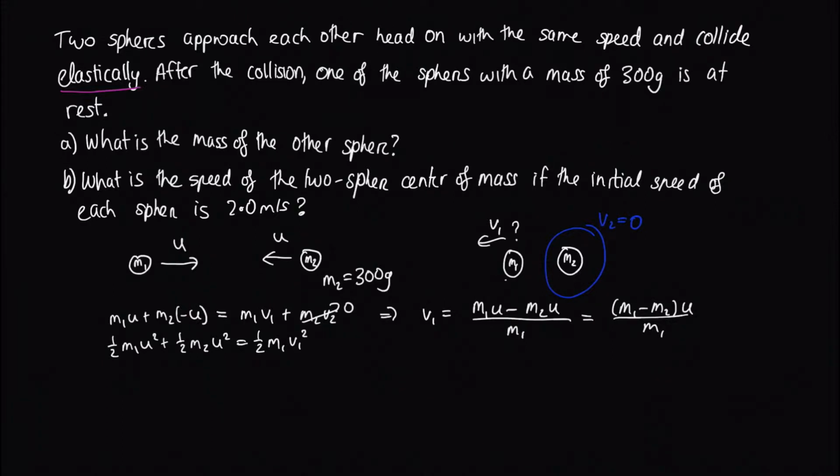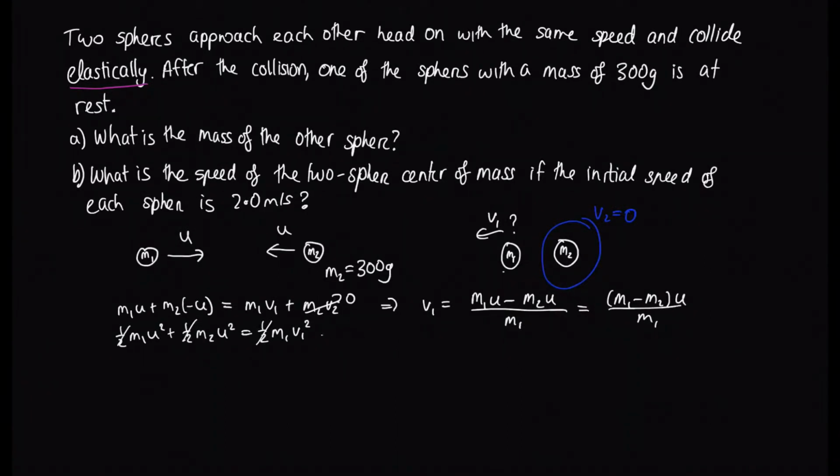We know that v2 is 0, so I'm not even going to bother writing that down. These halves occur in every term, so they cancel each other out. So we can write this as m1 plus m2, times u squared, is equal to m1v1 squared.